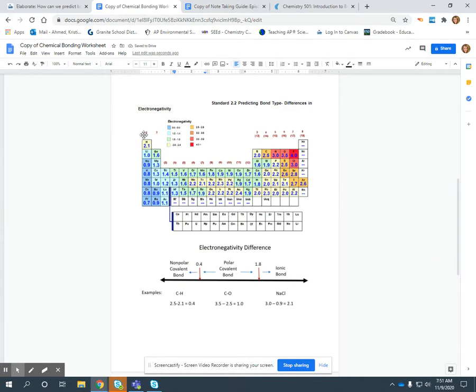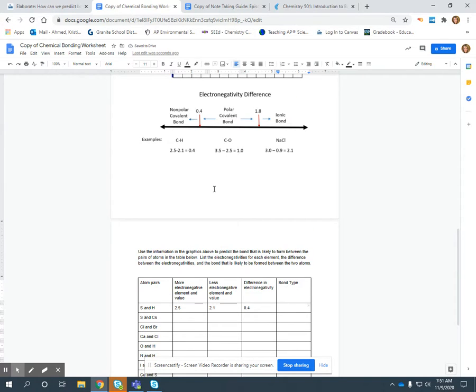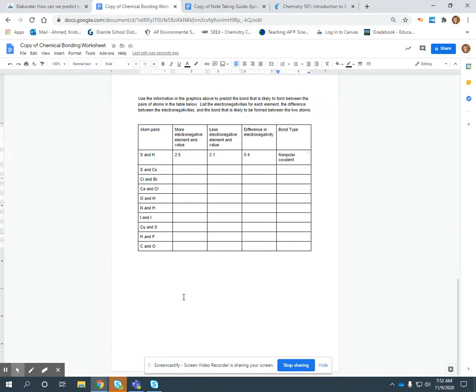Hydrogen has an electronegativity of 2.1, so I'm going to put 2.1 in that column for hydrogen. 2.5 minus 2.1 gives me a difference of 0.4. And I'm going to classify this bond type as a non-polar covalent bond because it falls within this range of 0.4 or less. 0.4 is our difference, so that's what I'm going to classify it as.